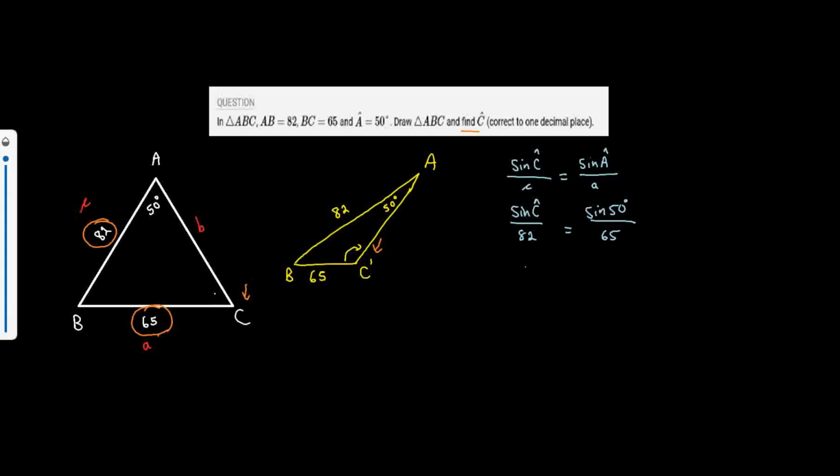So I have sine angle C is equal to sine 50 degrees over 65 units times 82. So what is sine C equal to? This will give me a large decimal. Whenever it comes to trig or even financial math, I always try to round off the final answer to 2 decimal places. So it might be quite time consuming, but it will give you a more accurate answer at the end.